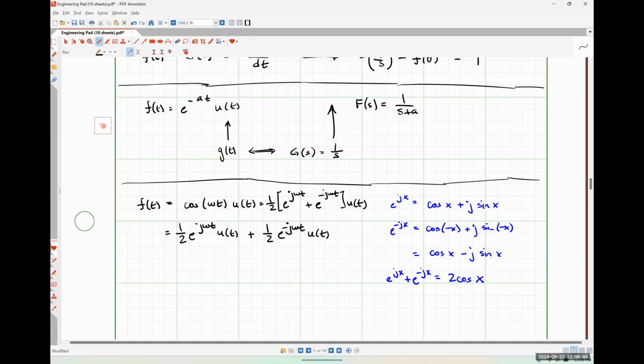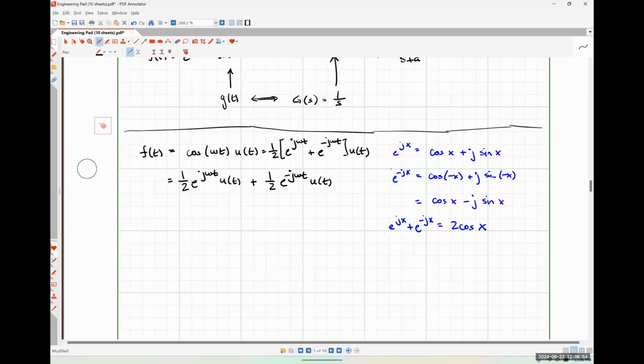So the Laplace transform of f of t is going to be 1/2 the Laplace transform of e to the j omega t u of t plus 1/2 the Laplace transform of e to the negative j omega t u of t. Sorry, that's running into each other. Okay.